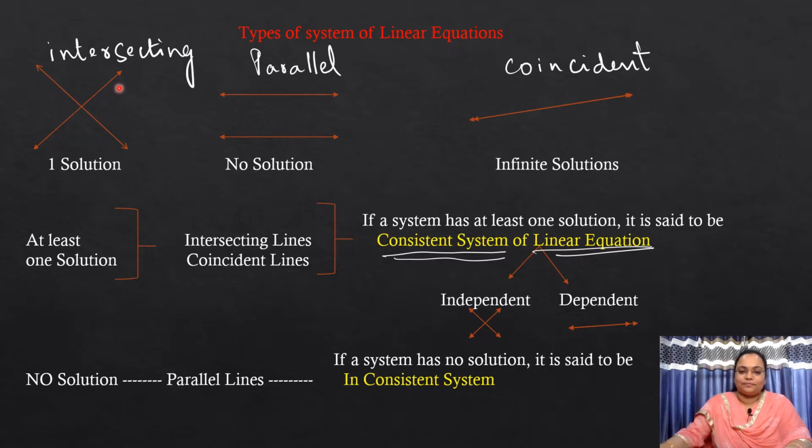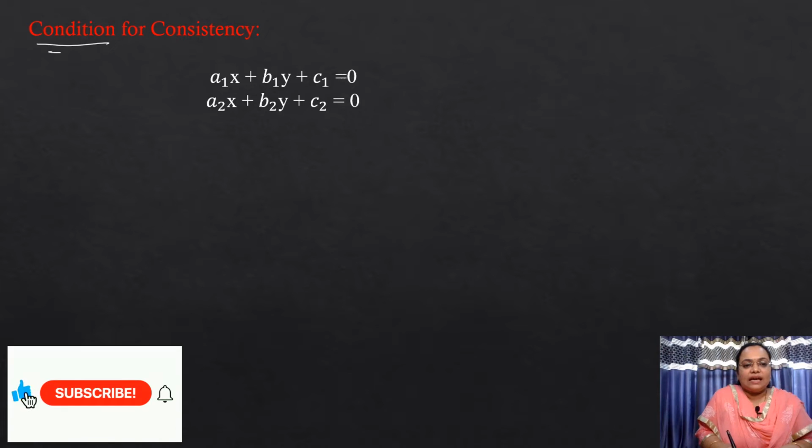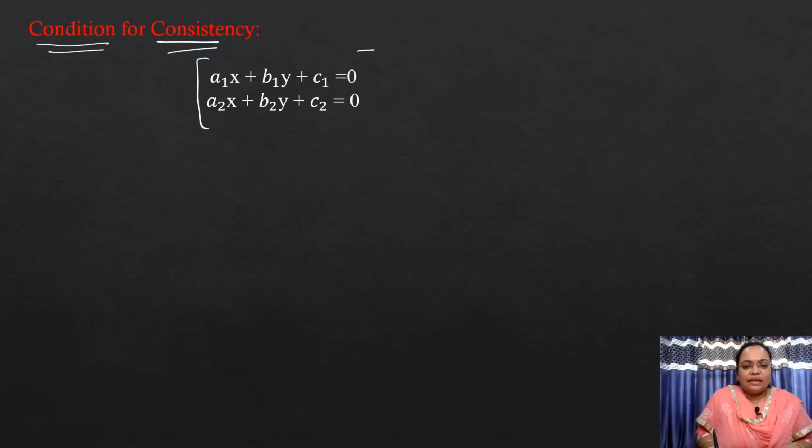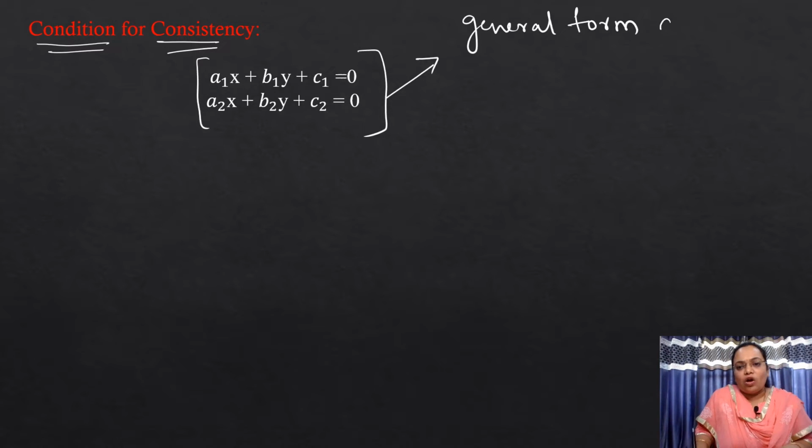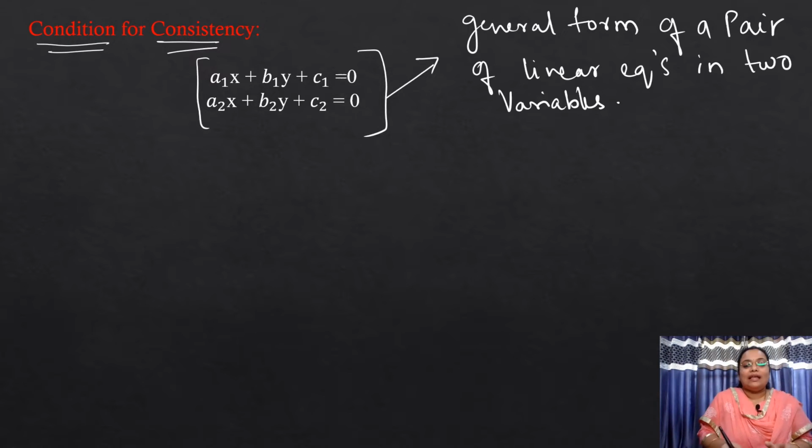Okay. Next we will see condition for consistency. Okay. This a1x plus b1y plus c1 equals to 0 and a2x plus b2y plus c2 is equals to 0 is a general form of a pair of linear equations in two variables. Now we will see what are the conditions for the pair of linear equations. Okay.